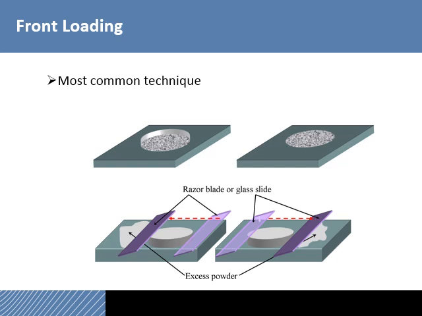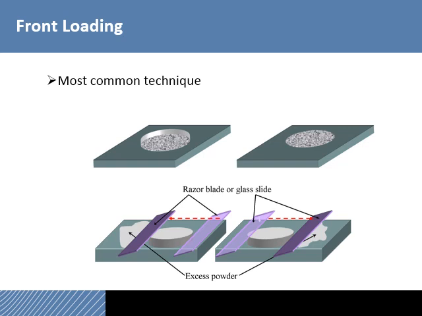An obvious problem that can come from this technique, which is really why it's been abandoned in favor of back mounting or back loading, is that when you drag that razor blade or glass slide across the surface of the powder, you will have a propensity to orient it if it has something in its shape which would allow it to do that. And again, the gypsum that we looked at in the SEM is a good example.